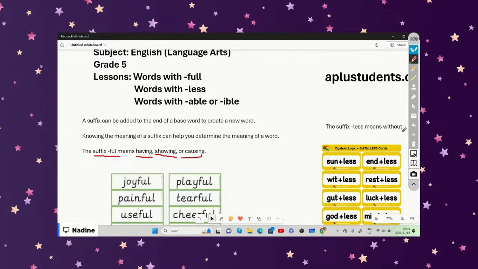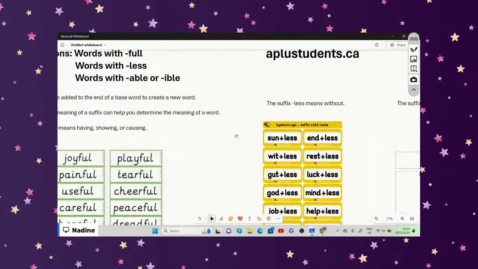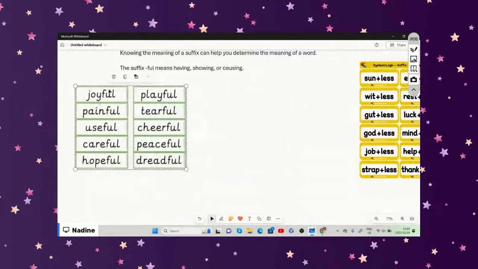Now we get to the examples. Here we have a few of our words that end with the suffix full.